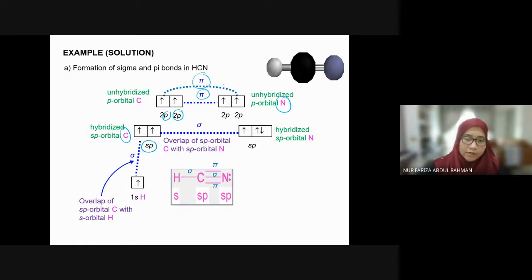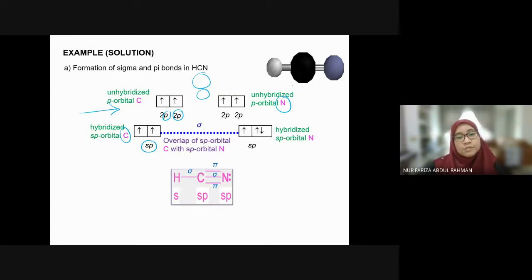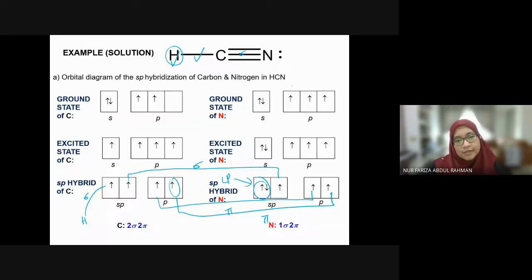Okay, you may be wondering, madam, for this one, how do you draw? Should we go for this form of orbital diagram or the previous one, yang saya tunjuk ni? You can choose any of these two. Mana-mana pun tak apa. Both are correct. But to me, personally, I would go for this one.